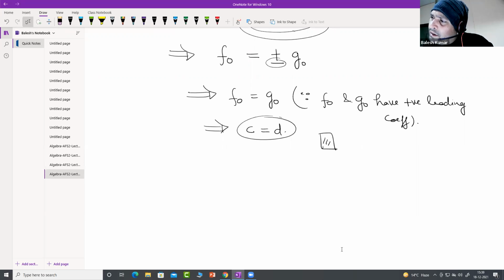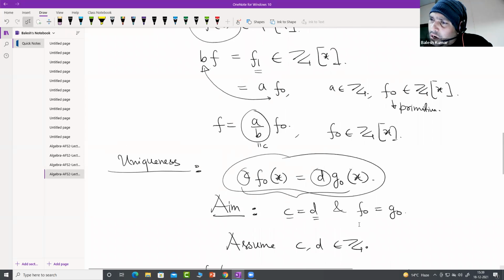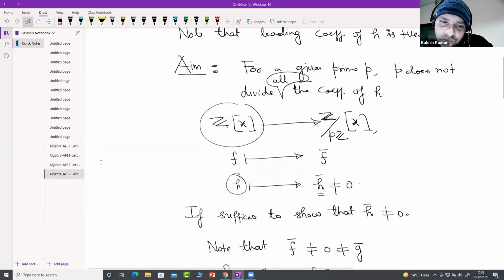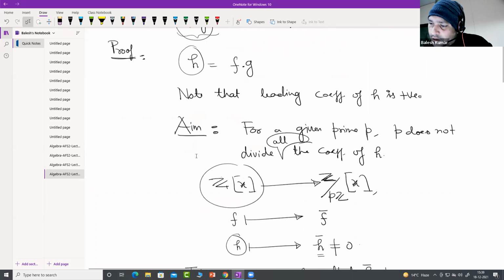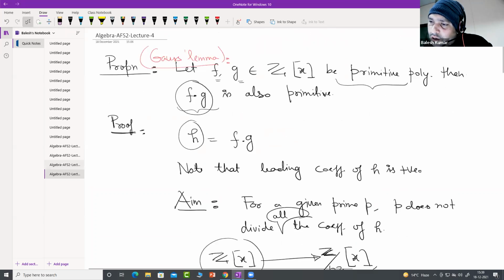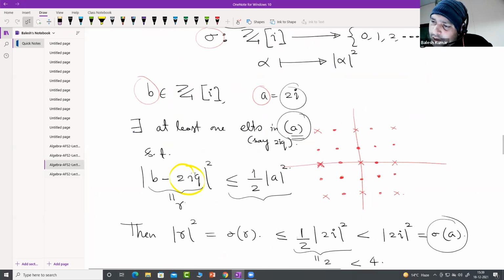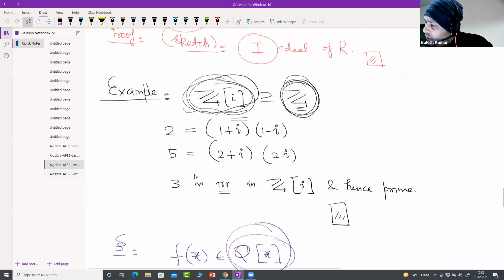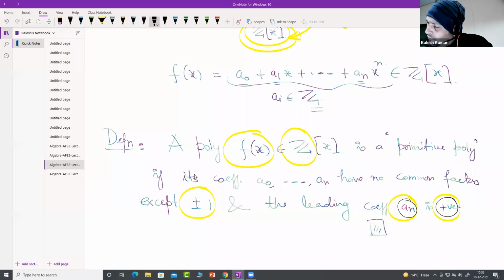The only thing that may bother any one of you is the notion of primitive polynomial. Here we are normalizing the leading coefficient to be positive; there we have to compromise with the units, and there will be ambiguity up to units.